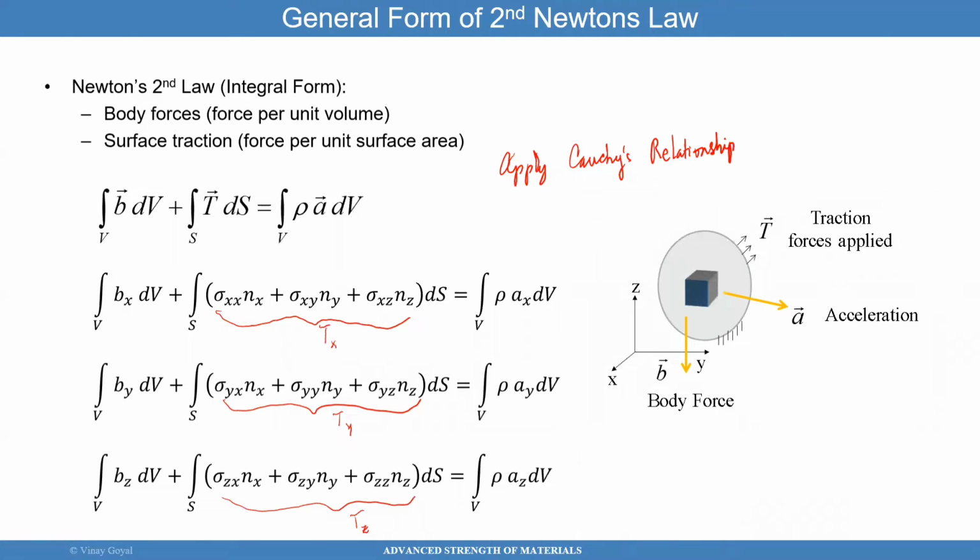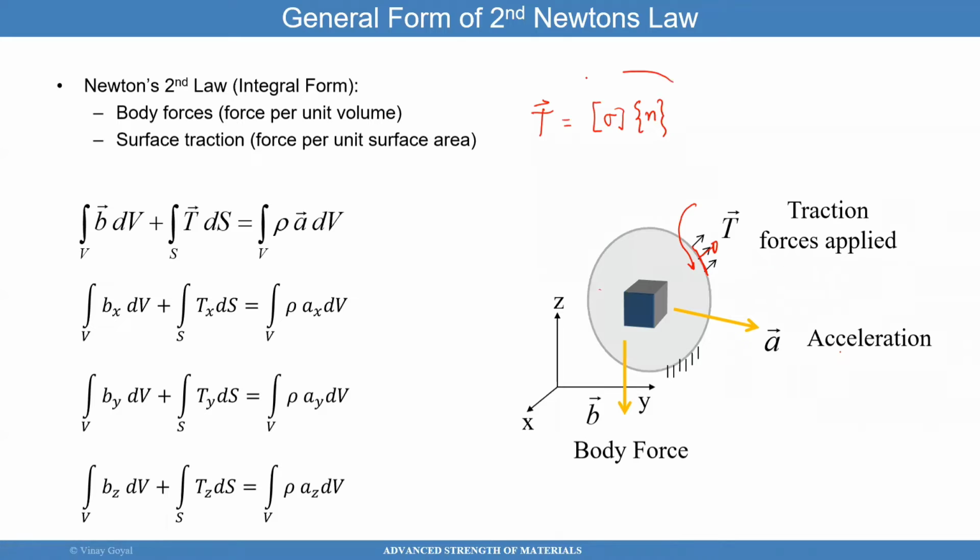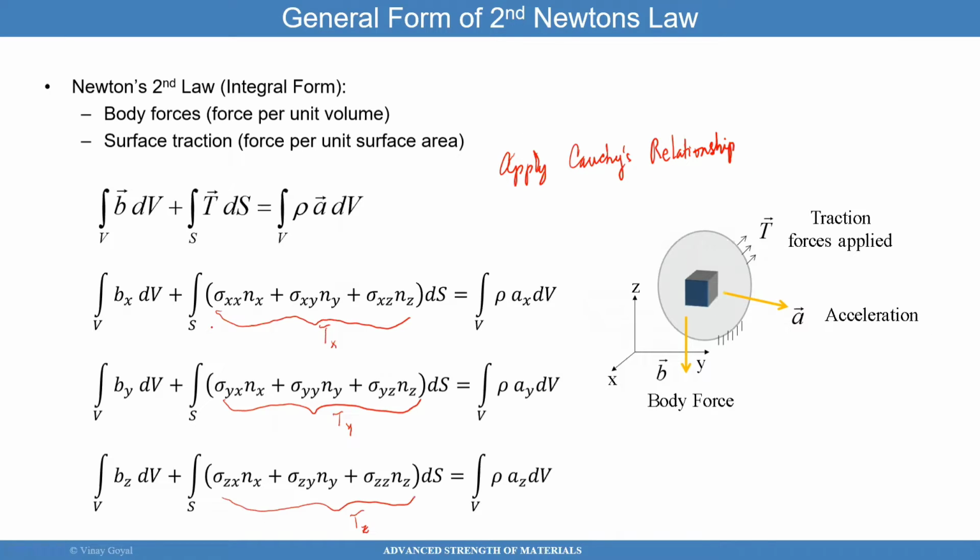And I've done that by using Cauchy's relationship, which we already covered. The first equation here is Tx equals sigma xx times nx plus sigma xy times ny plus sigma xz times nz. So I use that here, I plugged it in to get that. And I did it for each of these three equations.